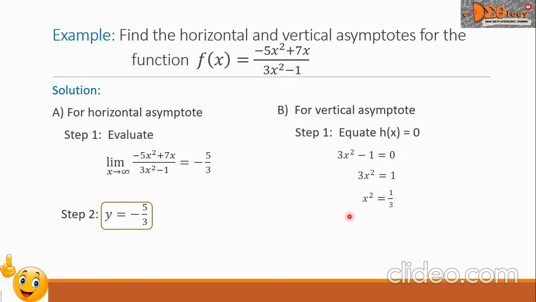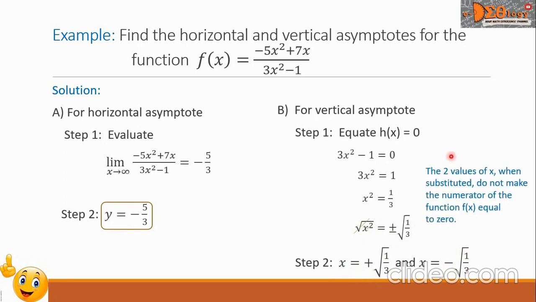Looking for x, let us take the square root of both sides. So we have the square root of x squared is equal to plus or minus the square root of 1 over 3. On the left side, we can cancel the radical and the power 2. So we have two values of x here, and when we split it, we have x equals positive square root of the fraction 1 over 3 and x equals negative square root of the fraction 1 over 3.